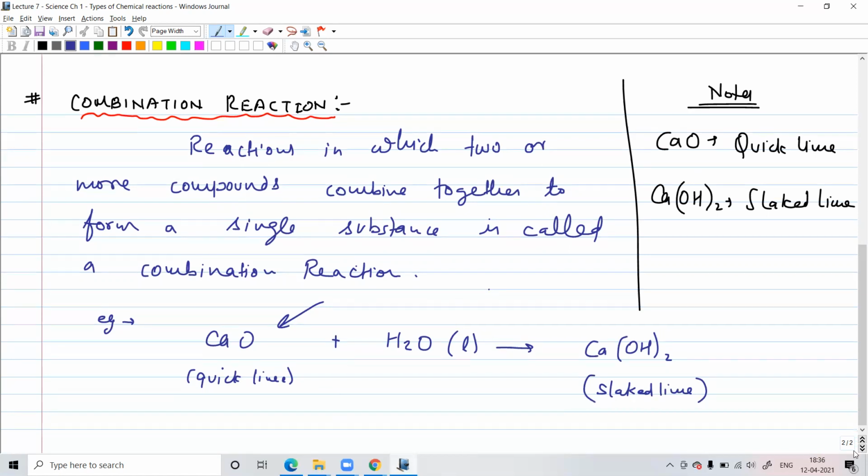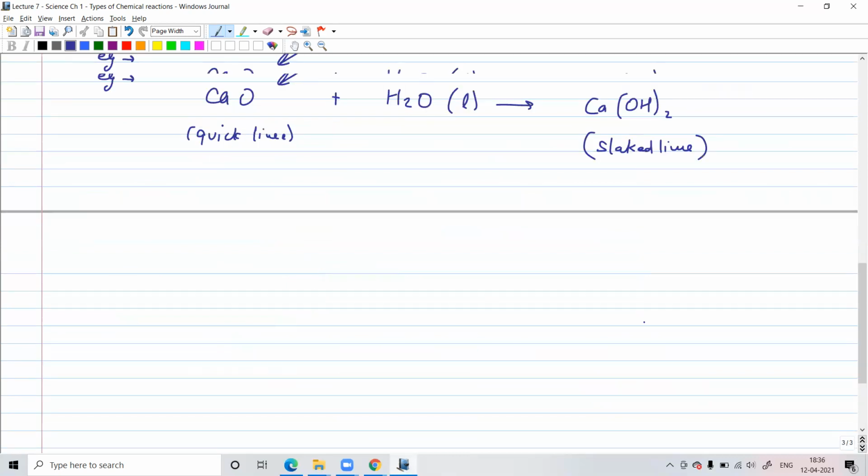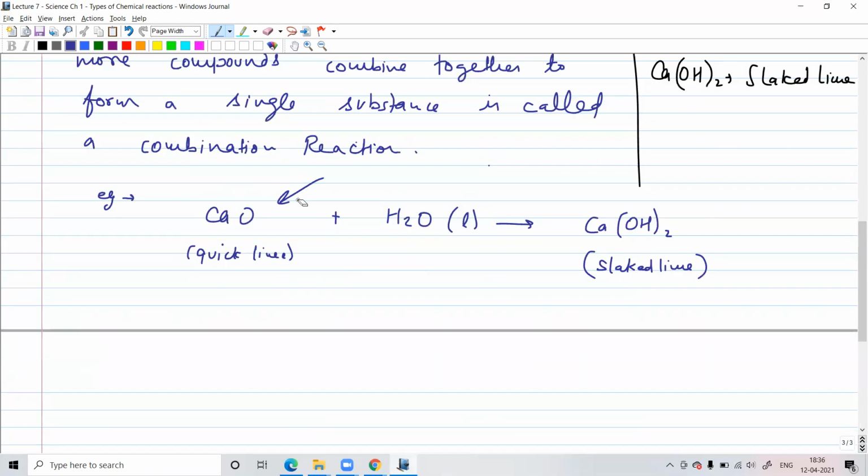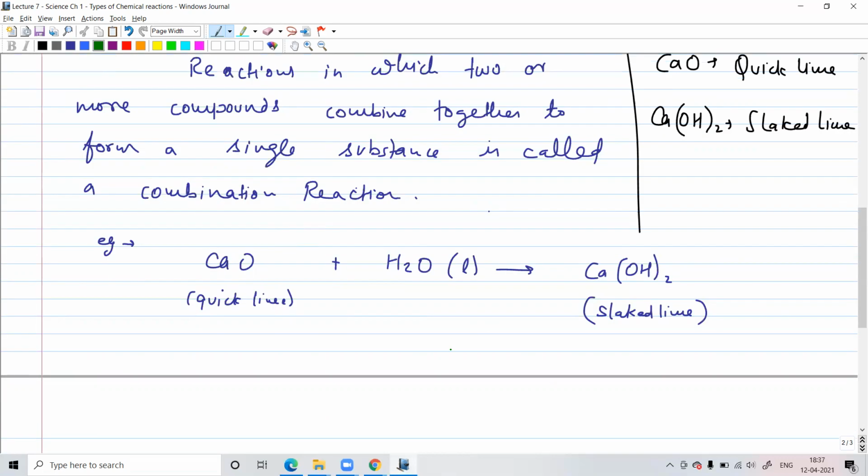Can anyone recall any other example which we had seen earlier, which would qualify as a combination reaction? And a small note. Sodium plus oxygen. Say that again. Go ahead. Is sodium plus oxygen considered a combination reaction, sir?